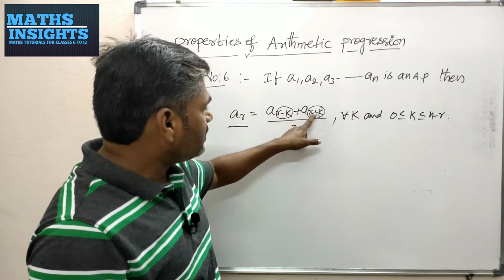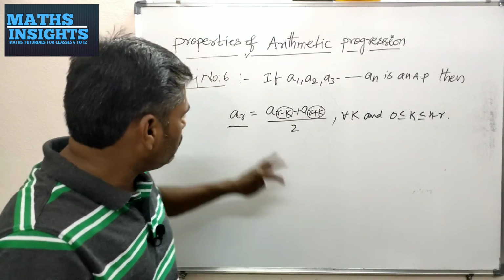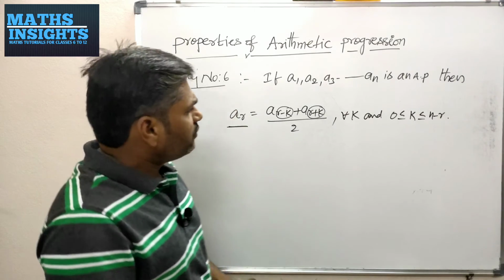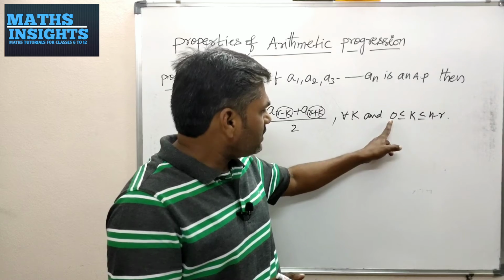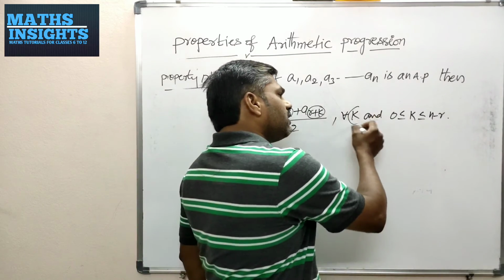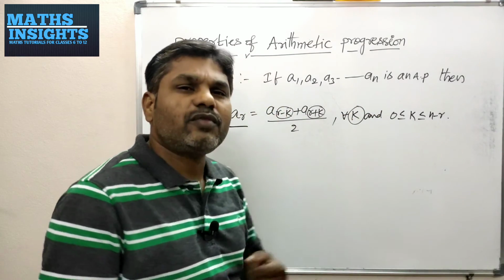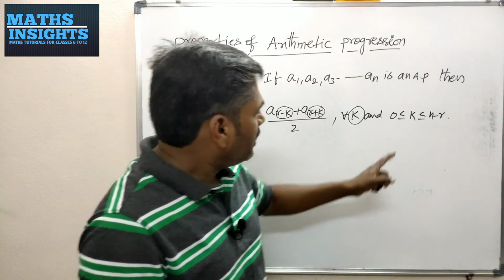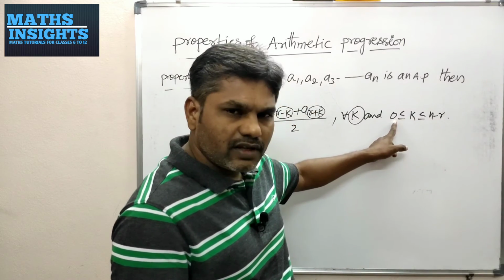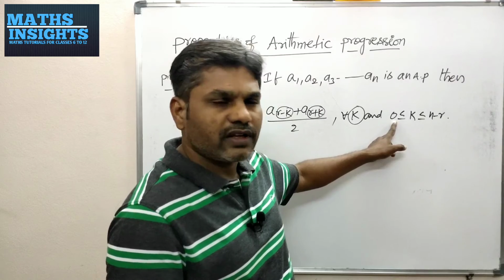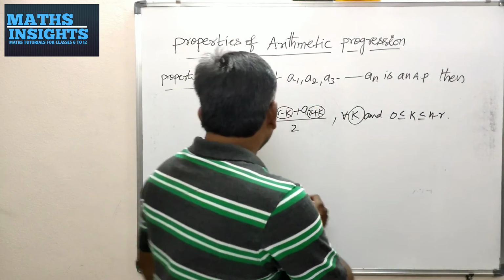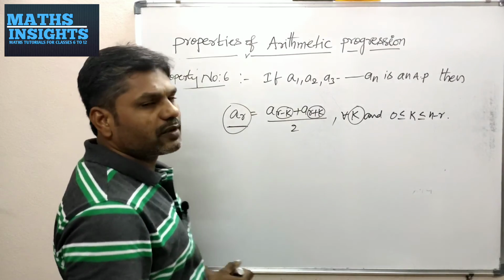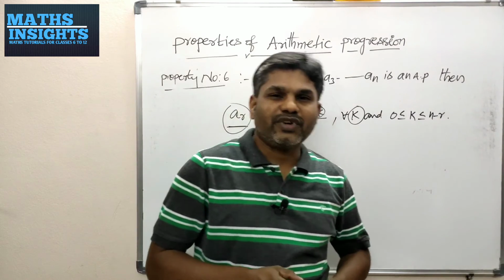By adding these and dividing by 2, you will get any particular term, whatever the k may be. Since you are finding the term number, k should be a natural number, and this k value should be between and including 0 and n minus r. Then you can get any particular term in the given arithmetic progression.